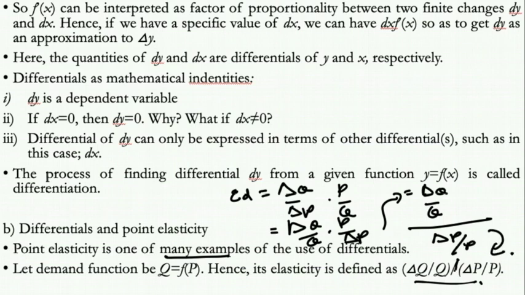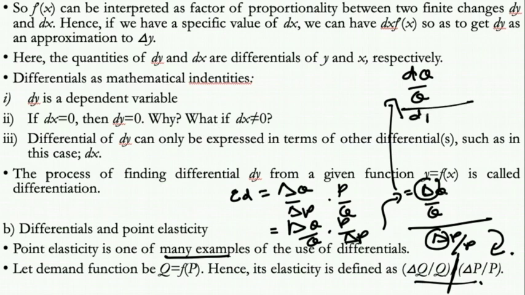So this one is division. Okay. Now, if we look here, let's say we replace these two triangle symbols with D. So actually, if I rewrite it here, we can replace it, then we can have dQ over Q, divided by dP over P, isn't it?